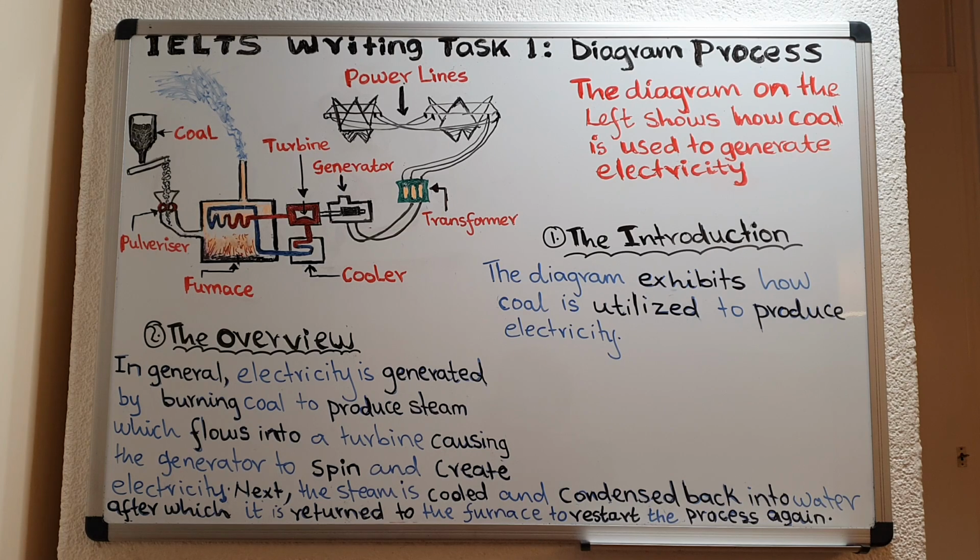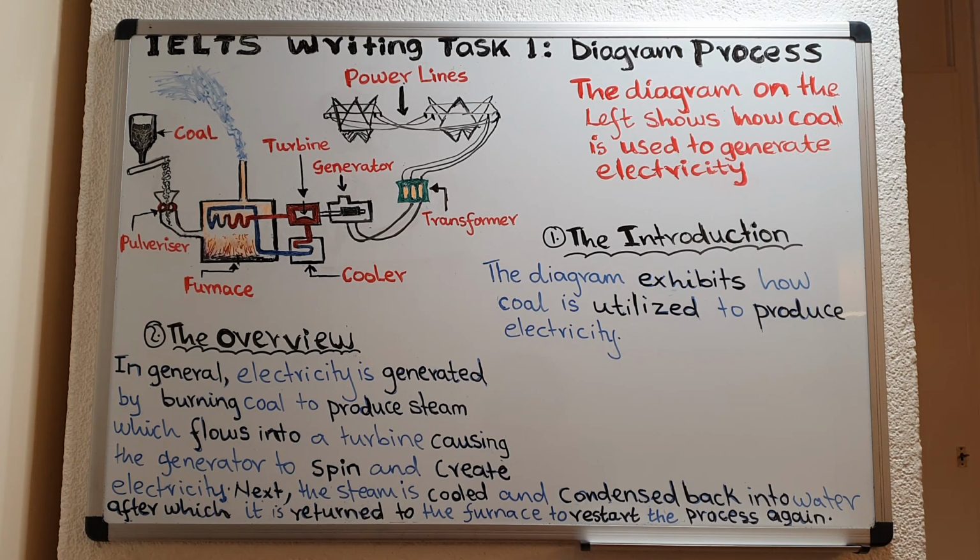Those will be the key features. They are the key stages in the process of generating electricity using coal. What are the key steps in the process of using coal to generate electricity? That is what the overview is all about.